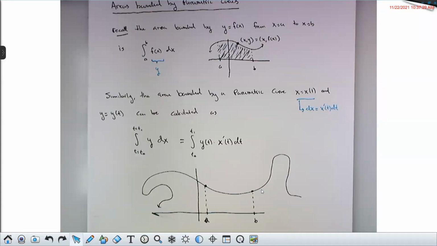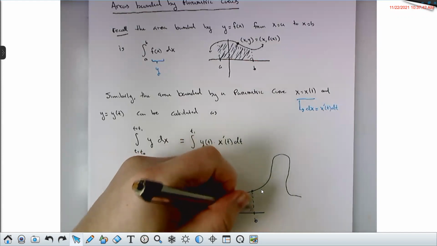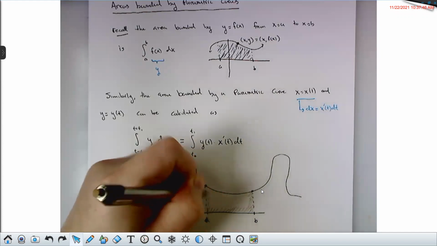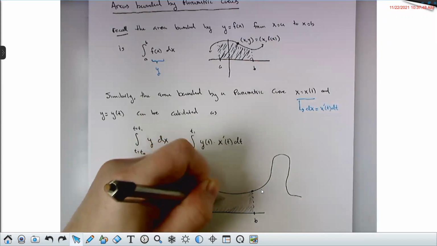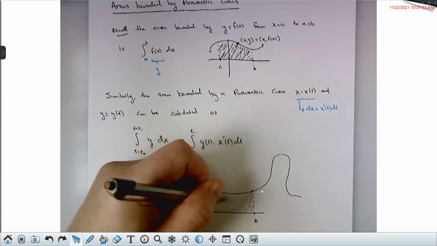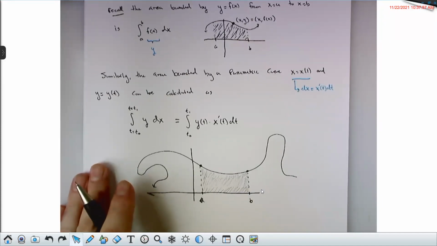So anywhere my parametric curve does, in a reasonable way, bound area with the x-axis, I can calculate that area.